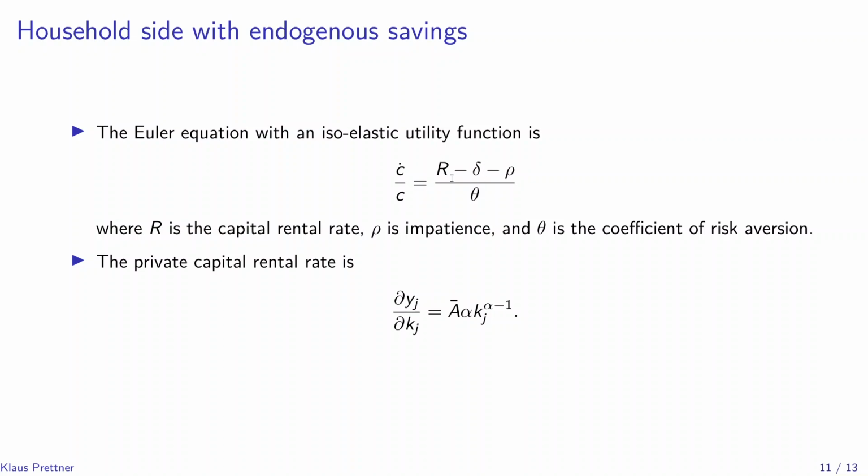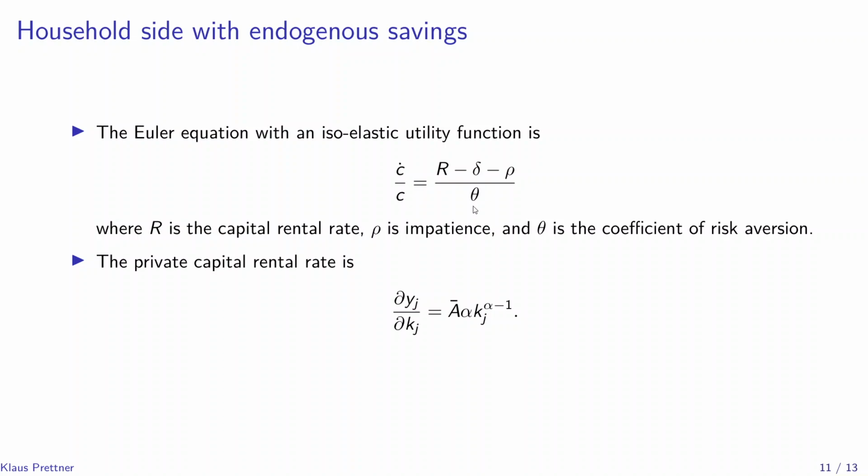If the interest rate is higher than impatience, then the financial market overcompensates for impatience and optimal consumption growth is positive because the numerator is positive. And the coefficient of relative risk aversion steers this process.